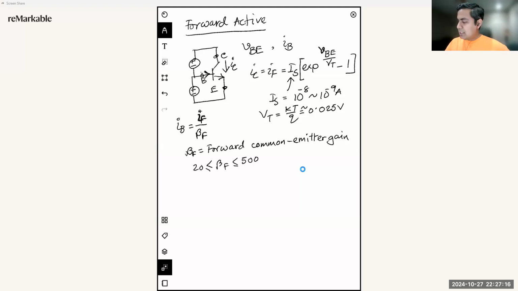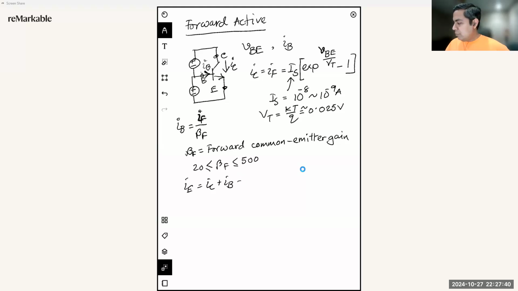If we look at these currents, the IC current is coming from the collector towards the base, and the IB current is going from the base inside the device to the emitter. So if we write the emitter equation, IE, we can write it using Kirchhoff's law as IC plus IB.